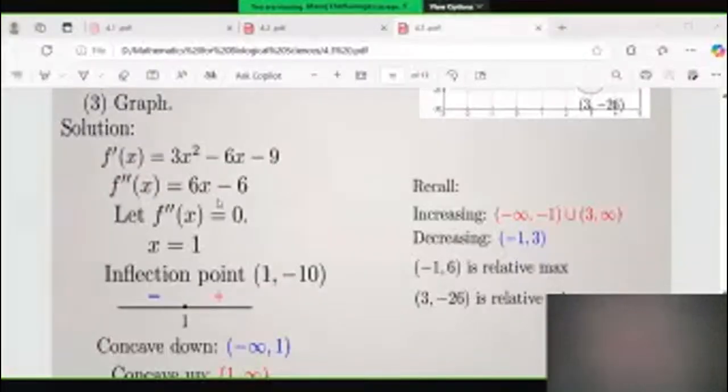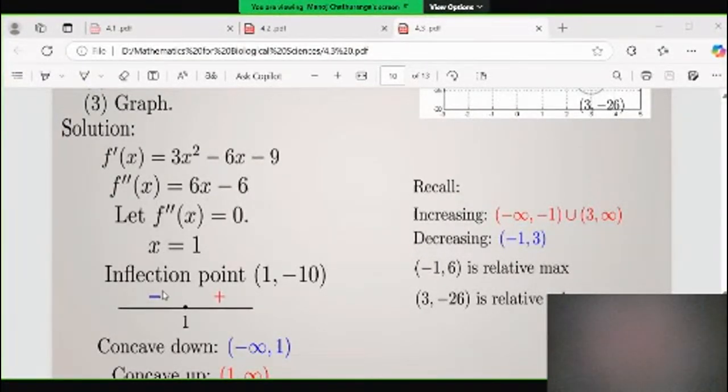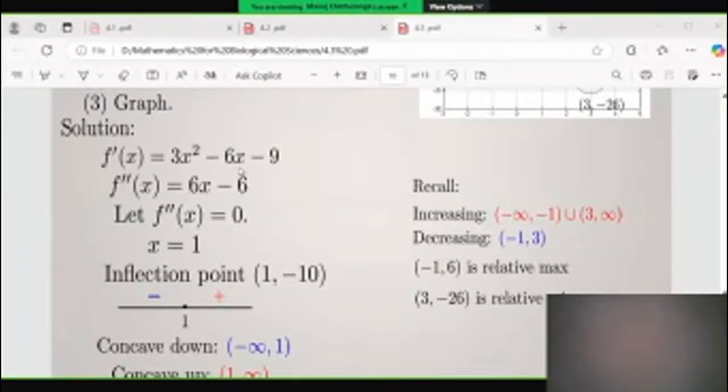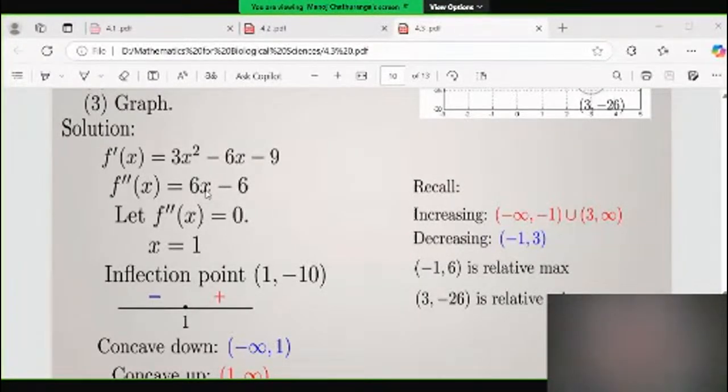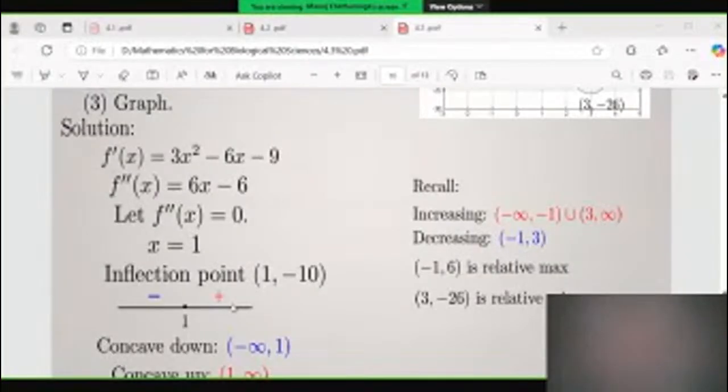Before 1, look at the sign of the second derivative. Before 1, you can take any number, say 0, and it gives you a negative number. And after 1, let's say 5, 5 times 6 is 30, minus 6, positive. So 1 is an inflection point.